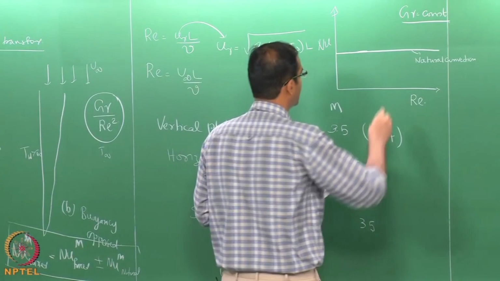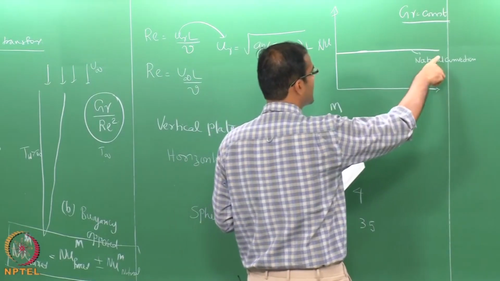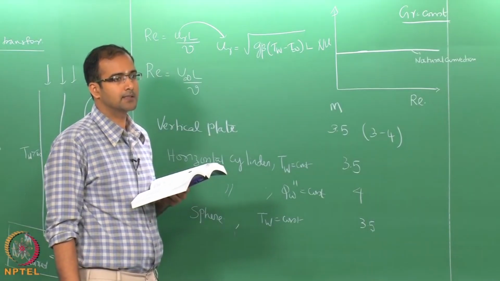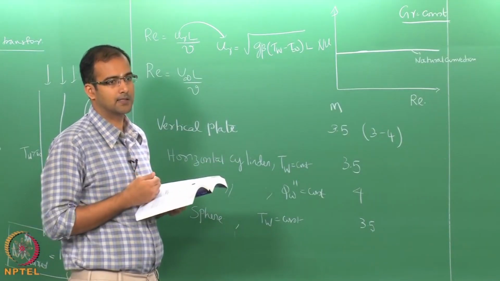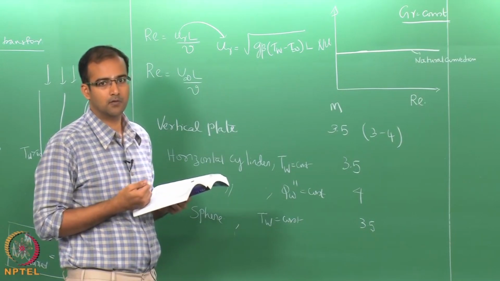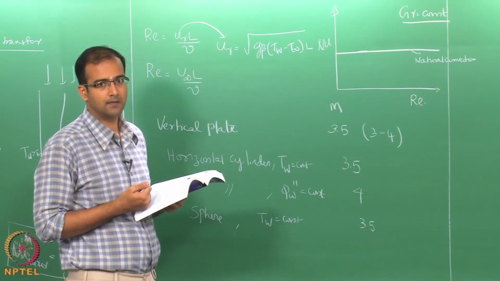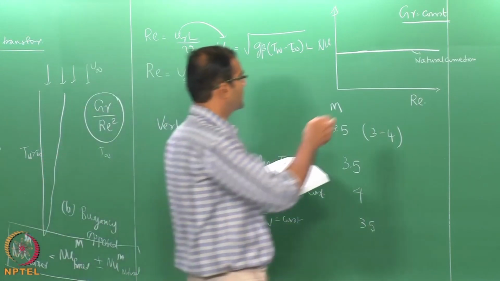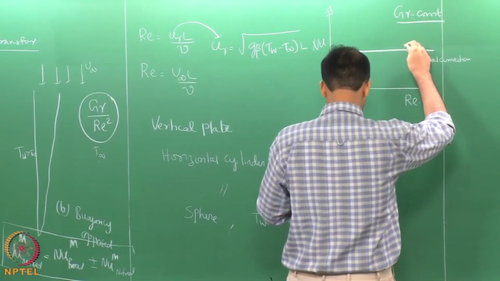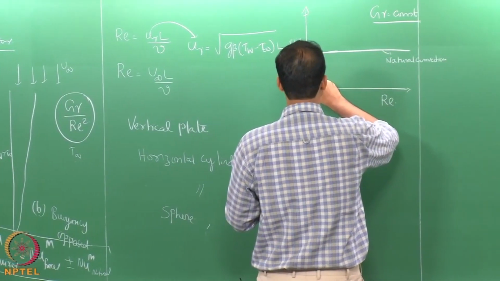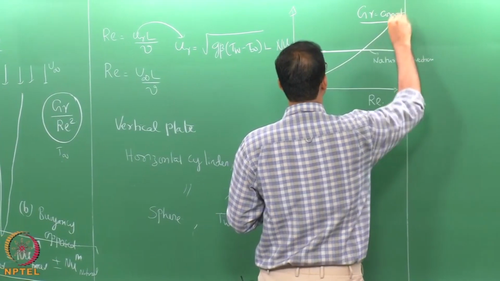Now, when you go to very high values of Reynolds number, the buoyancy will be insignificant compared to the inertial force, and therefore Nusselt number will be purely dictated by forced convection. In the forced convection case, Nusselt number is directly proportional to Reynolds number, and therefore it progressively increases. So, if you plot the forced convection case, you will have something like this.